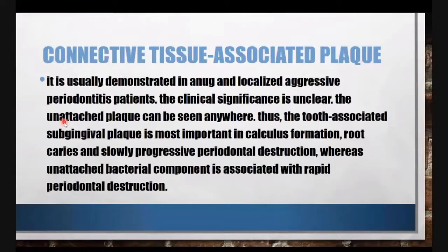The clinical significance is unclear. The unattached plaque can be seen anywhere, thus the tooth-associated subgingival plaque is most important in calculus formation, root caries, and slowly progressing periodontal destruction, whereas the unattached bacteria component is associated with rapid periodontal destruction.